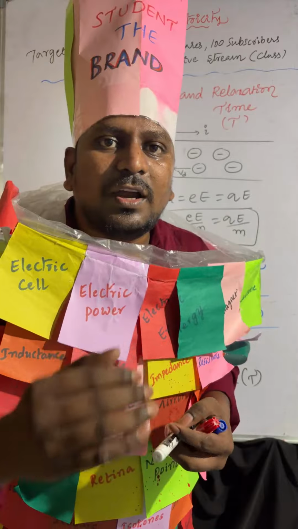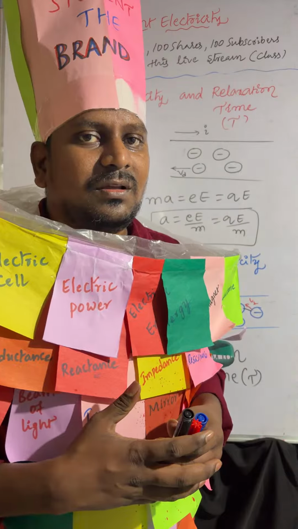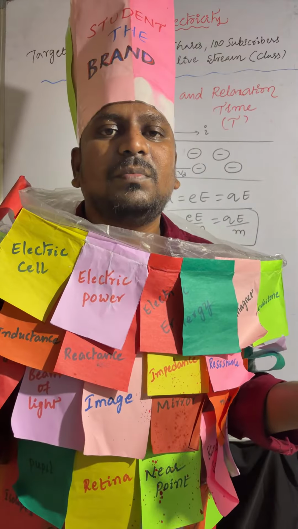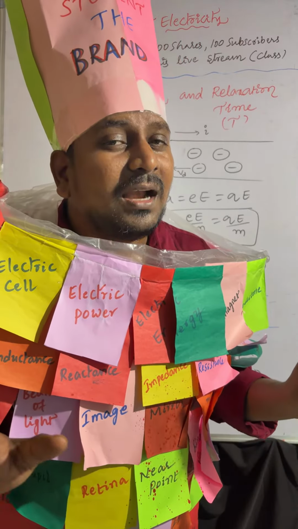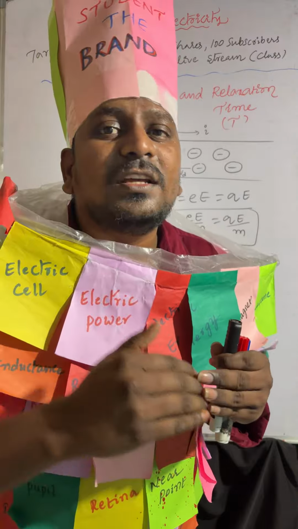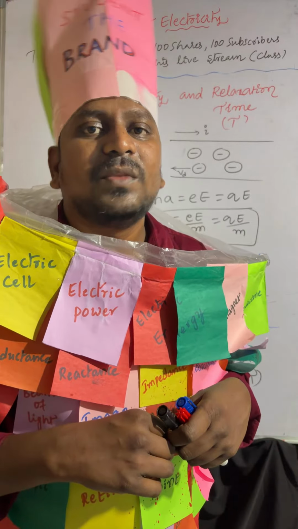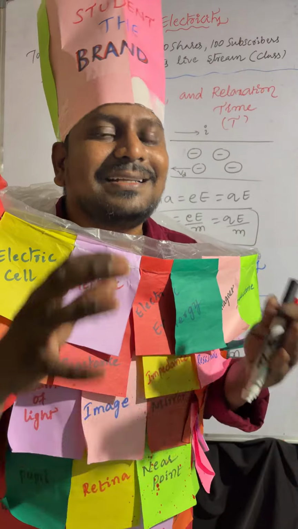One electron is going to hit another electron, and that electron is going to hit another. Understood or not? Collisions will take place. Whatever it may be, definitely collisions will take place, right? But between one collision and another collision, there must be a time gap, right? Yes or no?